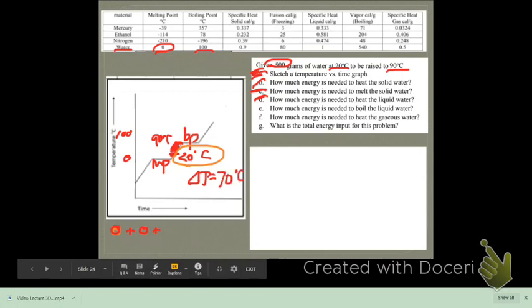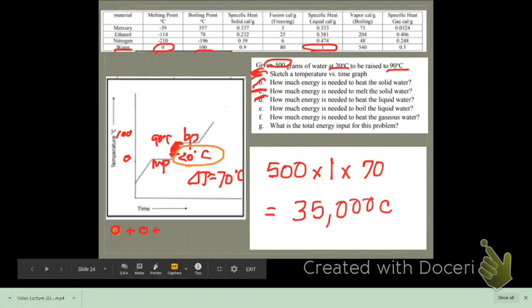I have a mass, so I have 500. I am heating liquid, so the specific heat for liquid water, which you should know by heart, of course, is 1, times my temperature change, which is 70. So clear your calculator. 500 times 70 times 1 is equal to 35,000 calories.